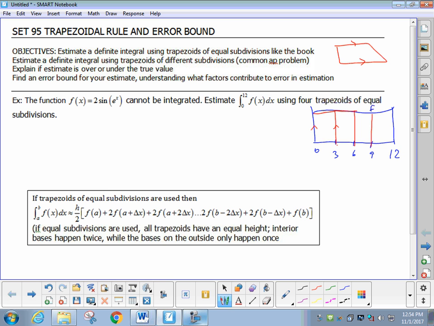I wish I would have curved this more so they look like actual trapezoids, but you get the idea. So 4 trapezoids. This is the first trapezoid's base 1 and base 2, and there's the first height. You can see that this piece here at 3 is going to be base 2 of the left trapezoid, but it'll be base 1 of the right trapezoid. And then height 2 and height 3 and height 4.